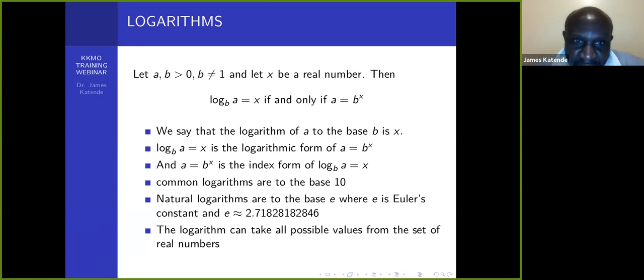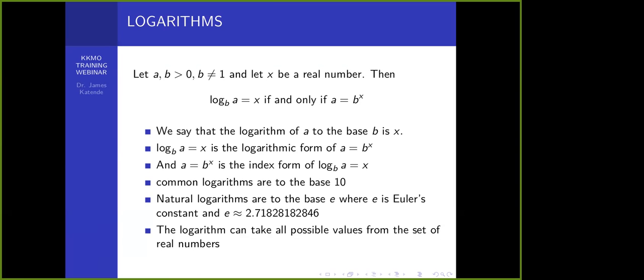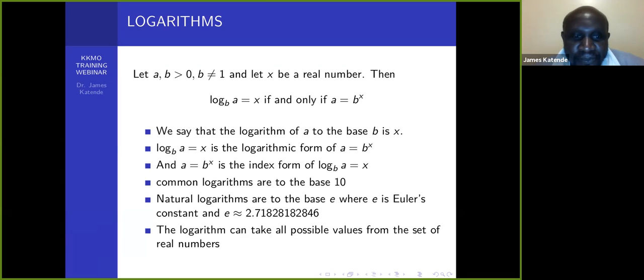But you can get the logarithm of positive numbers, and the values of the logarithms can be any possible real numbers. They can be from negative infinity to positive infinity. If you think of it as a function, the domain is the positive real numbers and the range is the whole set of real numbers.